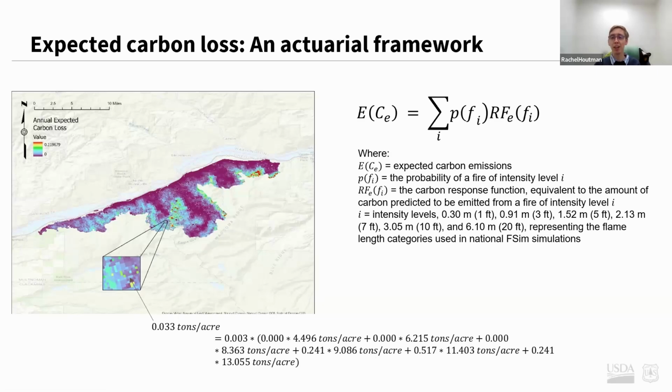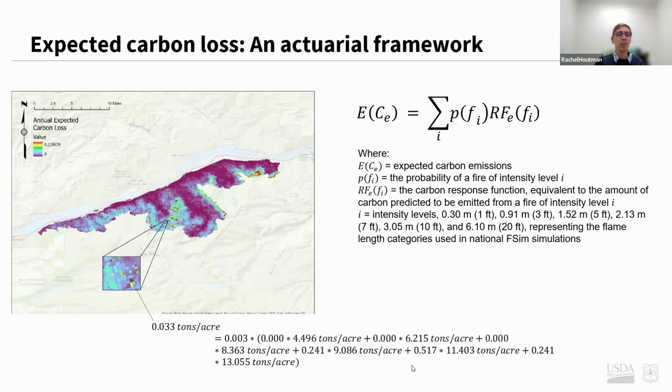Because the likelihood that a fire will happen on one 30-meter pixel on the landscape is going to be very low. And for this pixel, it happened to be that there were 0 low intensity fires that hit that pixel. So nothing in the 1-foot flame length bin, nothing in the 3-foot flame length bin, nothing in the 5-foot flame length bin. And then we did have some fires that hit in the 7-foot, the 10-foot, and the 20-foot flame length bins.